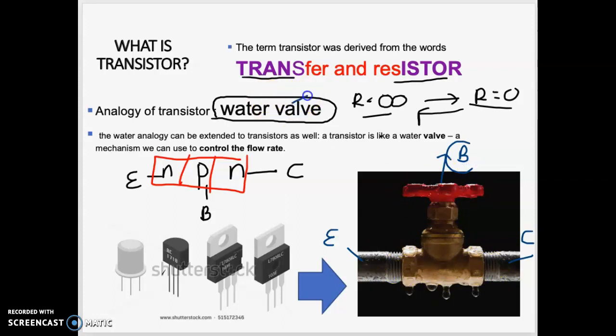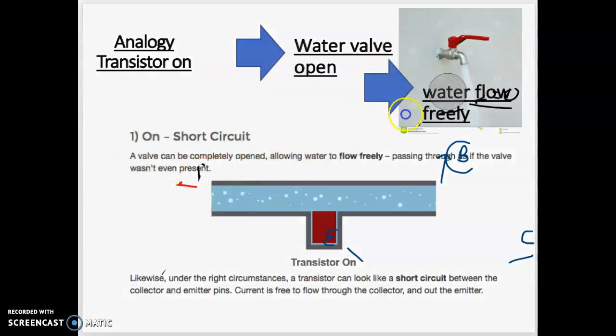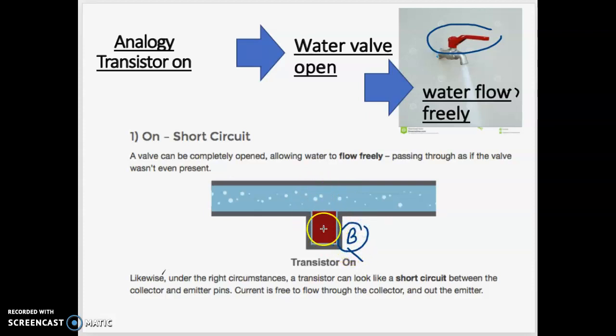The water flow you can translate as your current. So what will happen when your transistor is on? When you open the valve, the water will flow freely. So if you want to make the transistor on, you need to control your base. When you open your base, your current will flow freely.